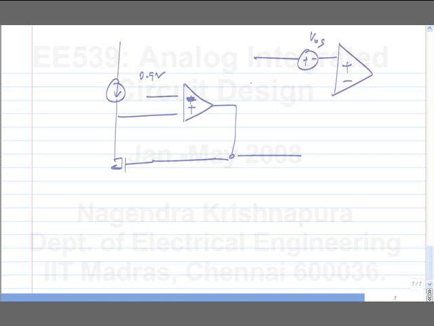The input referred offset typically comes because of random offset. Generally you design out the systematic offsets, you get random offset. What's the effect of this? So this has to be at 0.9 plus V offset.